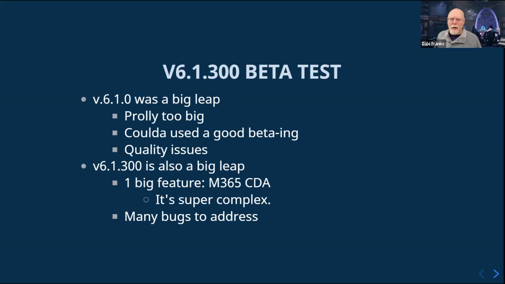Let's start off with the 6.1.300 beta test. 6.1 was a big leap. There was an entirely new UI to replace the UI that we've had in the product. In one form or another, the tabbed-based UI has been in the product all the way back in version 1.